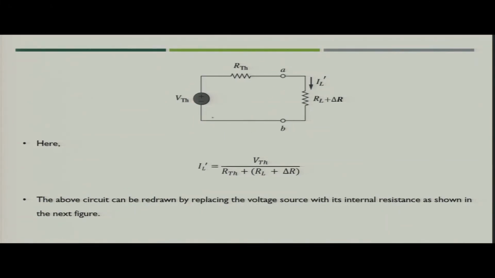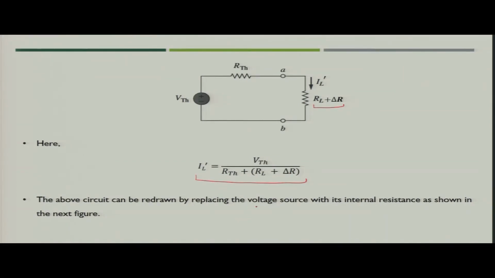The only change would be the load resistance, that is now RL plus delta R. The current now flowing through the updated load resistance is IL dash. So, what would be the value of IL dash now? IL dash would be VTH divided by the total resistance of the circuit, that is RTH plus RL plus delta R.